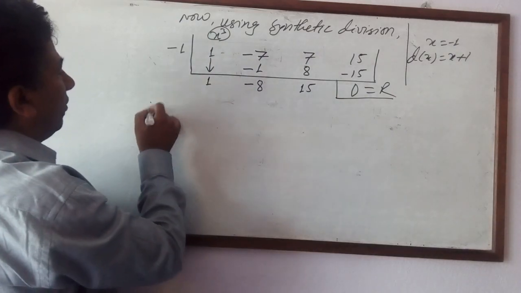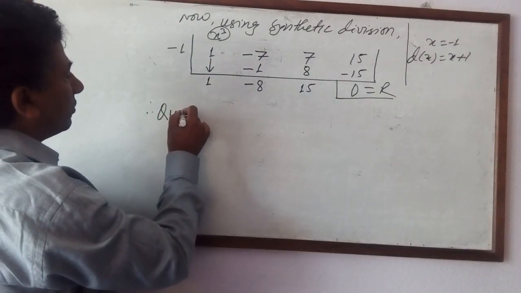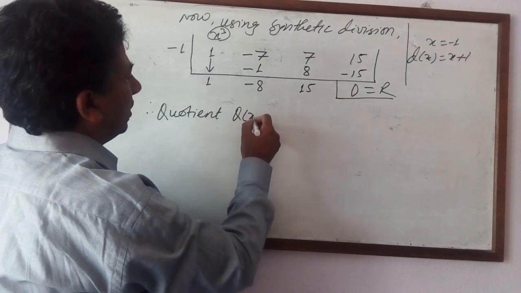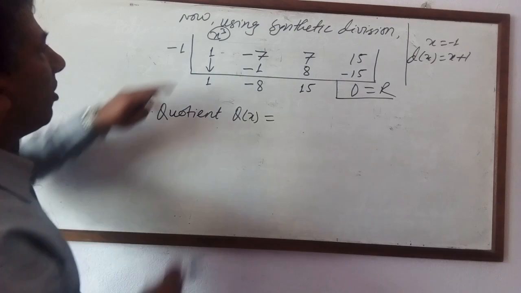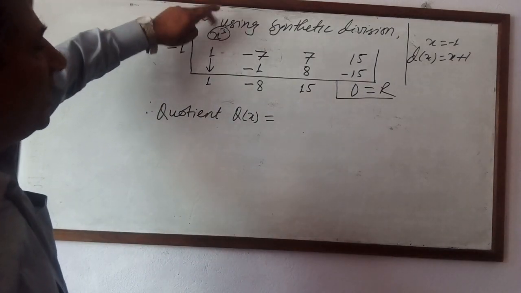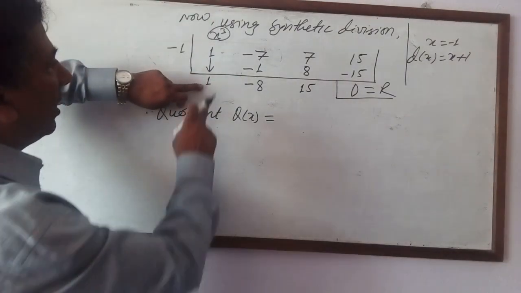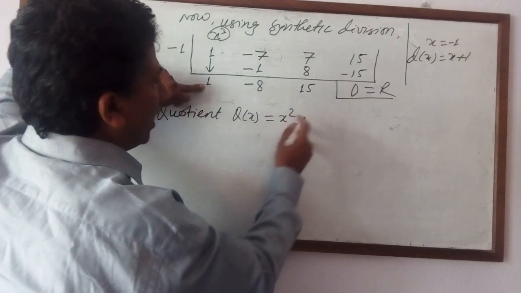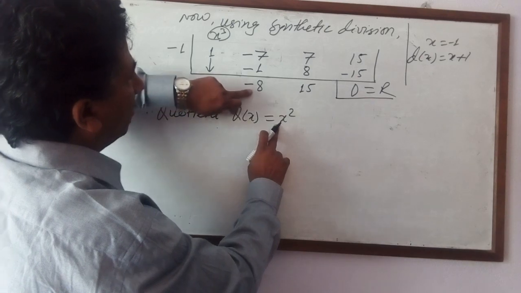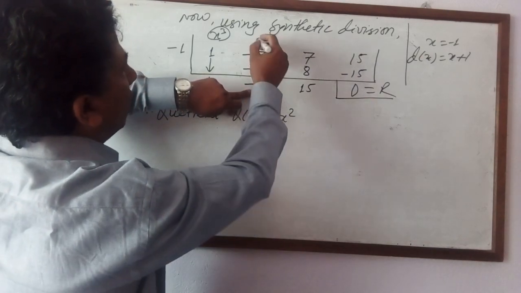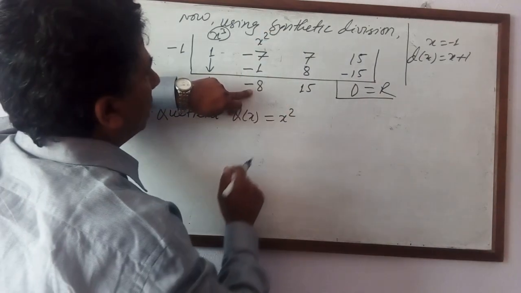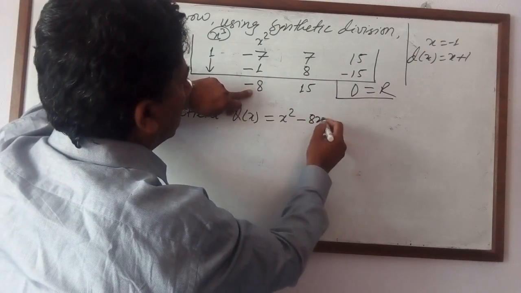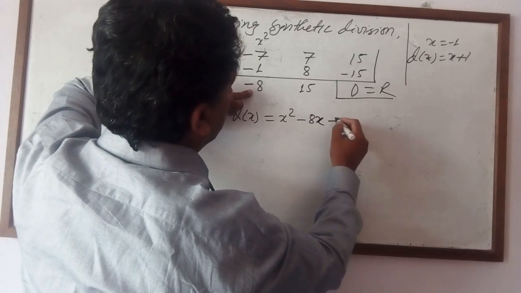Therefore, the quotient q(x): now reduce the power of x, there is 3, reduce it by 1, then it will be x square. Now this one comes with x square, 1 times x square. Now minus 7 was the coefficient of x square, reduce it by 1, then there is minus 8x, and this one is 15.